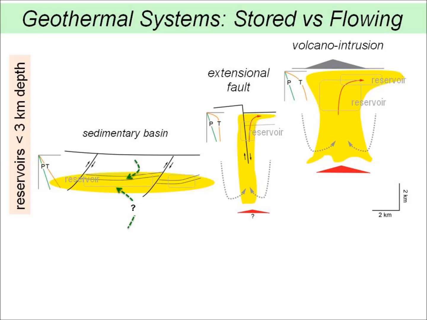Also, in the deeper, hotter parts of sedimentary basins, we can expect decarbonation reactions to be taking place, which may be liberating CO2, depending on how it's coming into it. So that may be bleeding into the lower part of a reservoir.